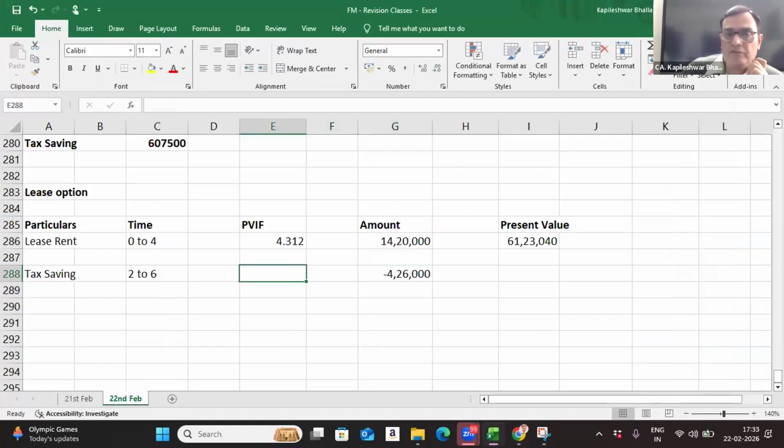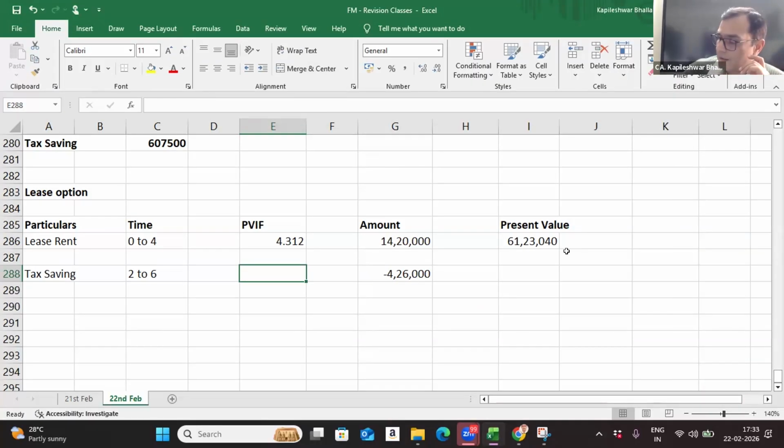Now let's get the PV factor 2 to 6 years. You need to take the sum total of 6 minus the sum total of 1. So let's see what is the PV factor. 1 to 6 minus 1 year.